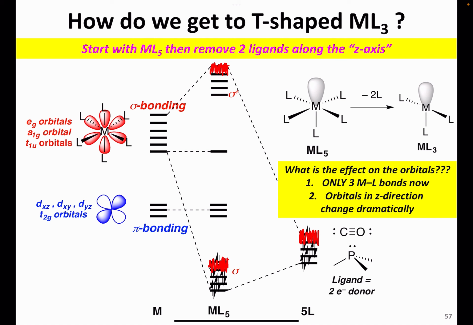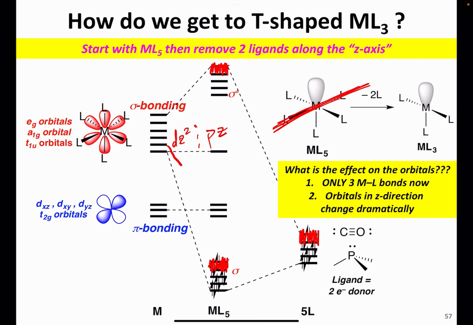What that leaves when we delete these 2 ligands along the Z-axis is a DZ squared orbital and a PZ orbital that are going to dramatically change in energy. And how are they going to change in energy? Well, if we're dealing with a first row transition metal element, that's going to be a 3DZ squared type orbital.